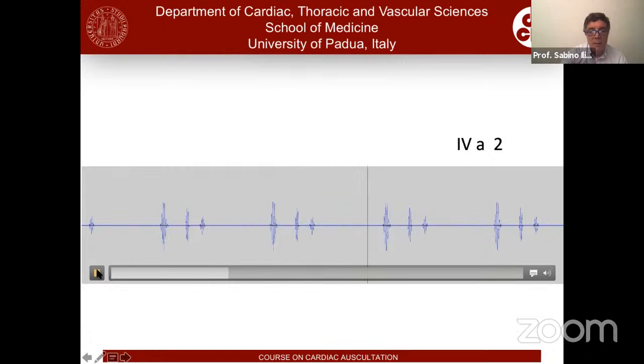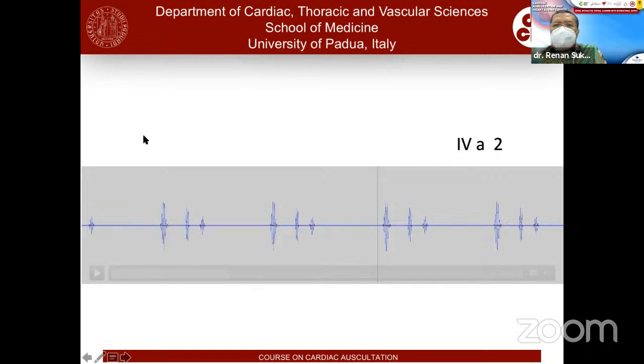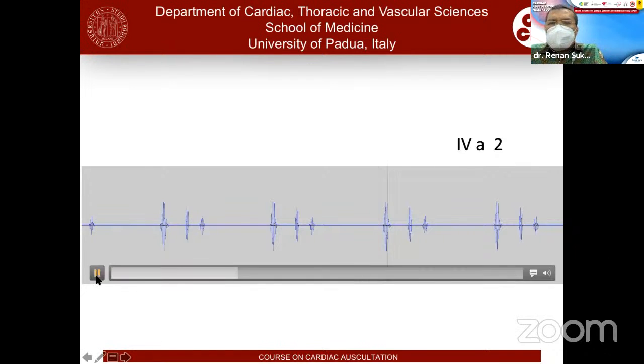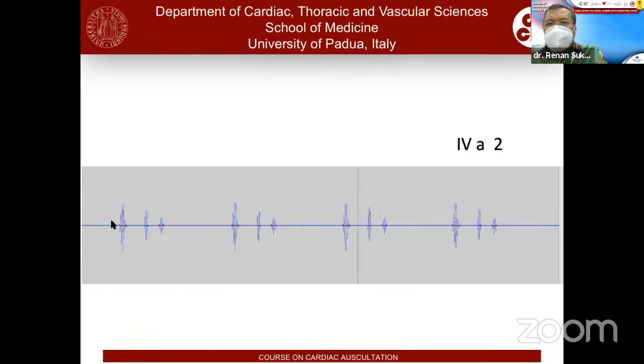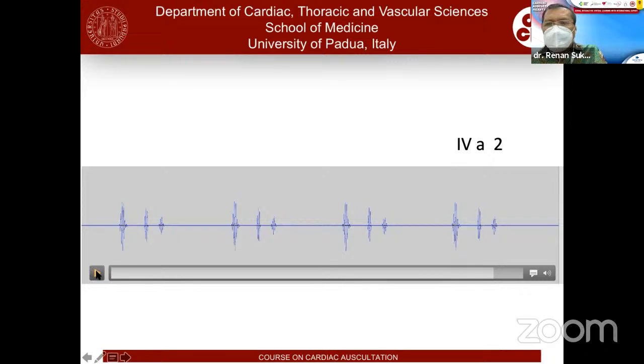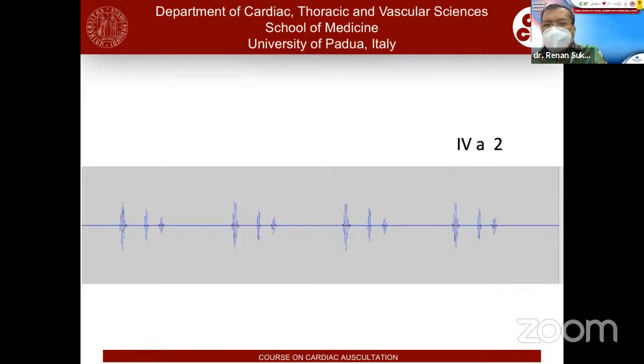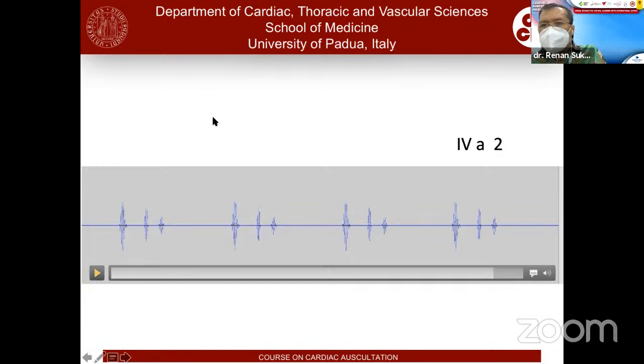What happens? Once again, could you repeat? So the sound decreased. We can hear it only once or two times, and then the last part slightly decreases.